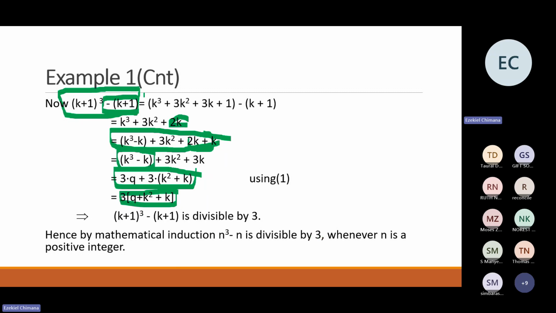So I think you need to take note of that when you are proving divisibility results. You make use of the assumption. But the way you make use of the assumption, you take the right hand side and prove that it can be divisible by that number. Whereas when you are doing the general proof by mathematical induction, you have to substitute the inductive hypothesis into p of k plus 1.